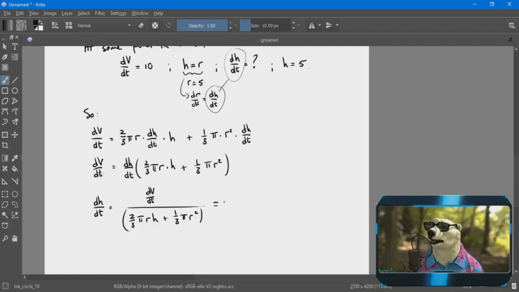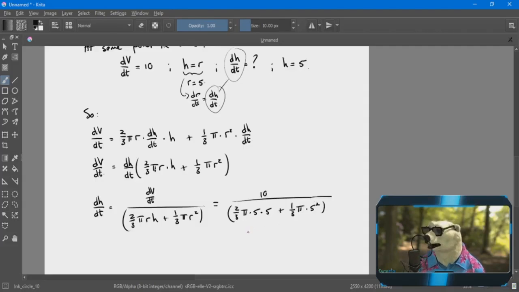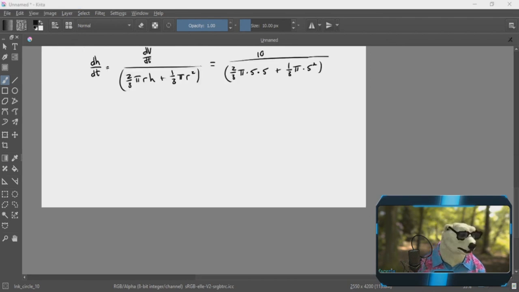We had dV/dt is 10, so 10 over 2/3 times pi times r is 5, h is also 5, plus 1/3 pi r squared is 5 squared, or 25, and that should give me my answer. So let's take out whatever calculator you may have and see what the answer is.